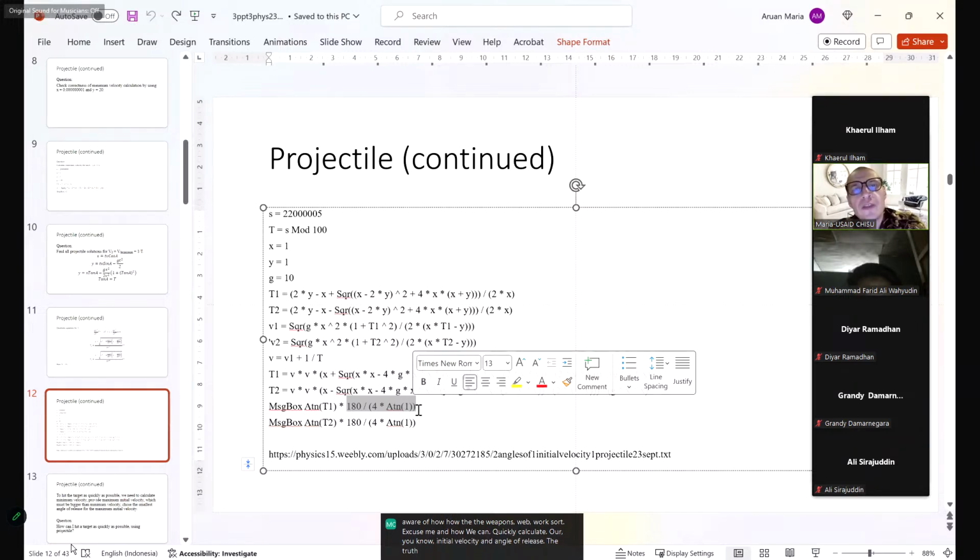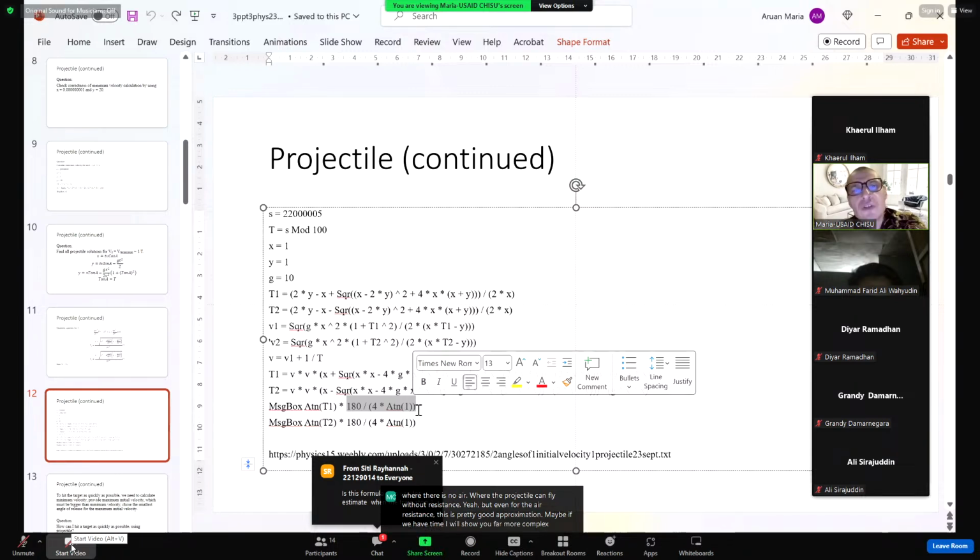The truth is, though, that this projectile solution is for no air resistance, so it is perfect for something like Star Wars, where there is no air and the projectile can fly without resistance. But even with air resistance, this is a pretty good approximation. Maybe if we have time, I will show you far more complex equations for projectiles taking into account air resistance.